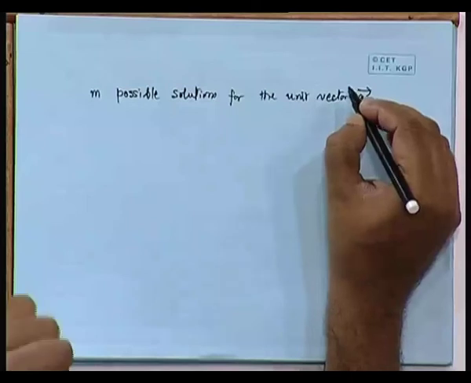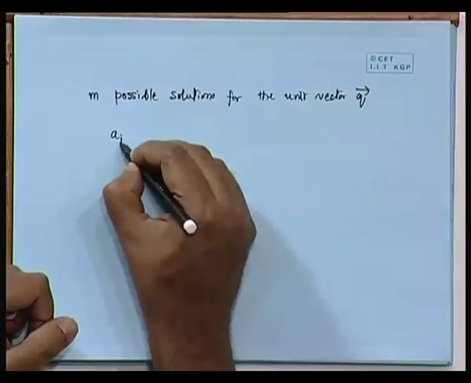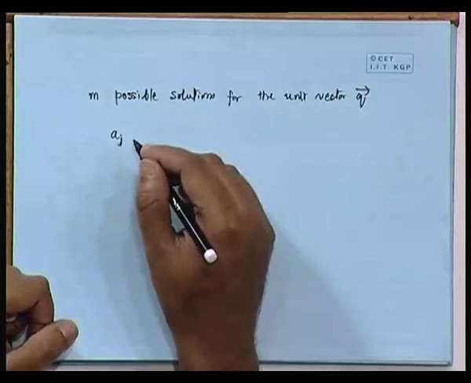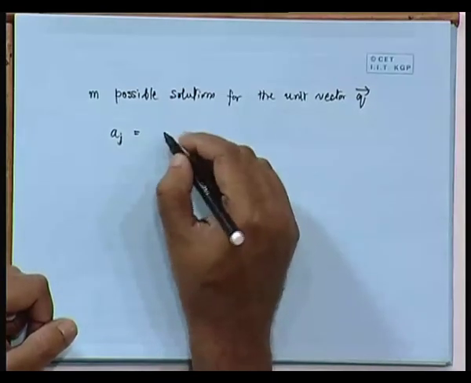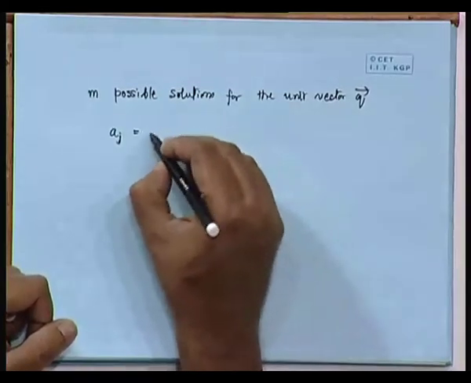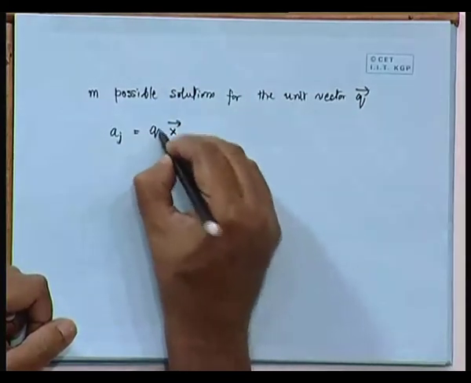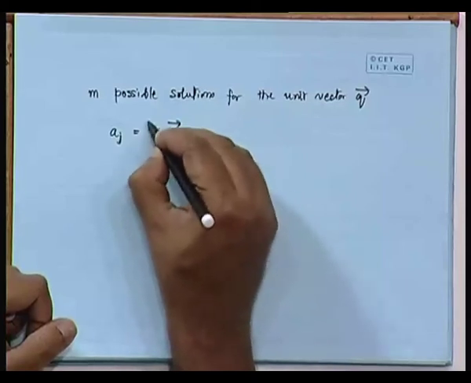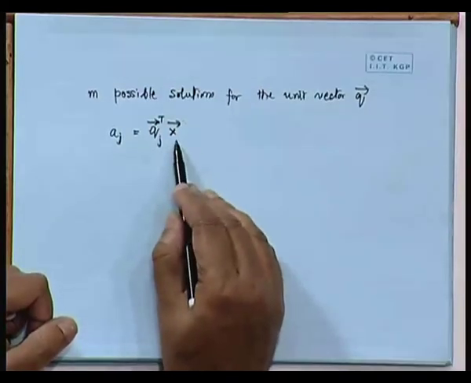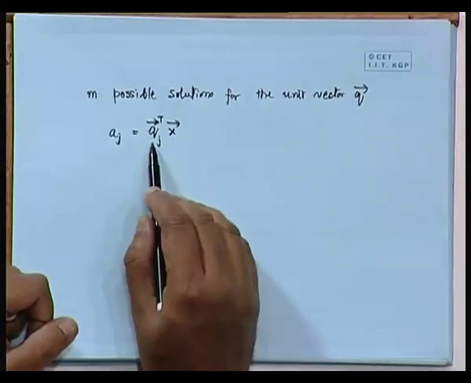Okay. So, there are m possible projections of the data vector. If Aj is the jth projection, the projection of the x vector onto the jth unit vector, then by projecting this x vector onto the jth unit vector, qj transpose x becomes the jth projected value of x into this qj.